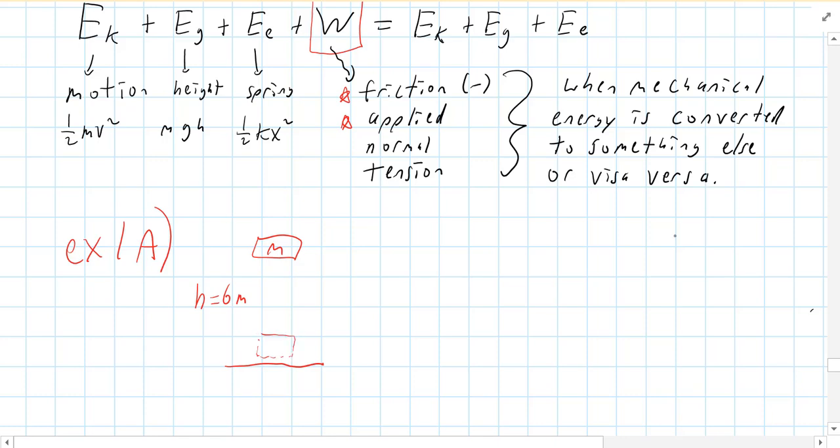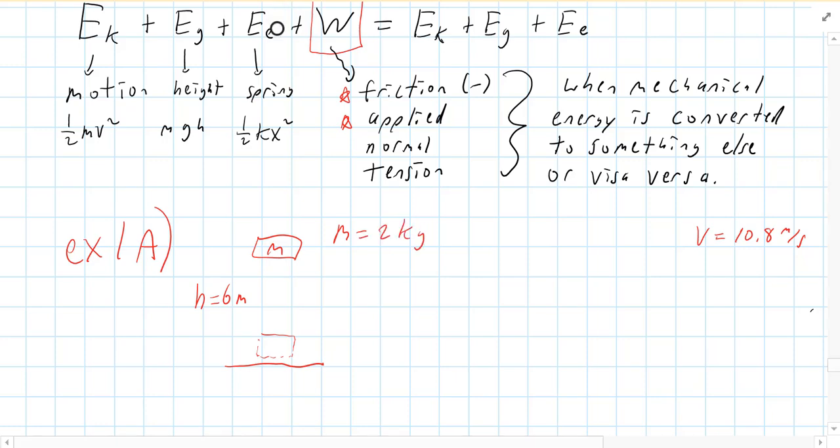And just so you remember, that velocity that we got was 10.8 meters per second. In that problem, I don't think I gave you the mass of the book because it turns out they cancel out. Well, for this problem, the mass won't cancel out, so I have to give that to you. Let's say it's a 2 kilogram book.